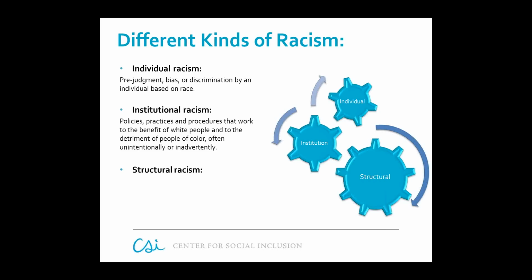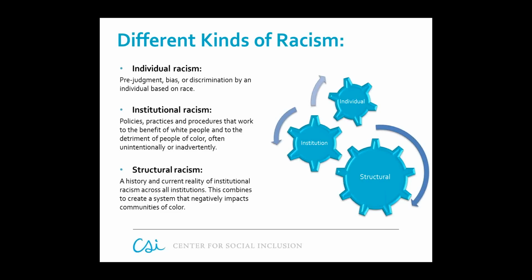Institutional racism points to the policies, practices, and procedures that work to the benefit of white people and to the detriment of people of color, often unintentionally or inadvertently. And structural racism looks at a history and current reality of institutional racism across all institutions, and this combines to create a system that negatively impacts communities of color.